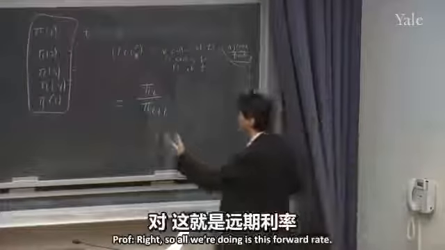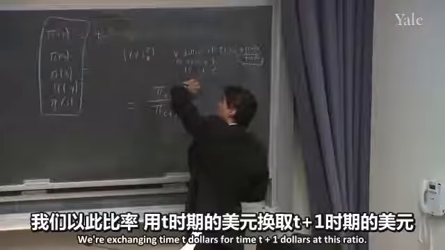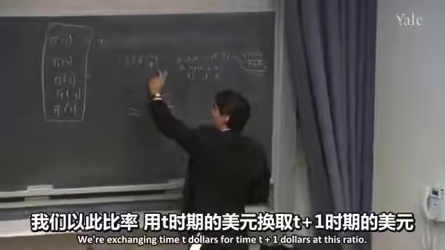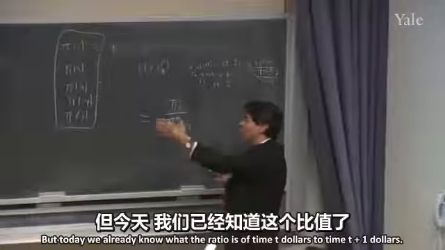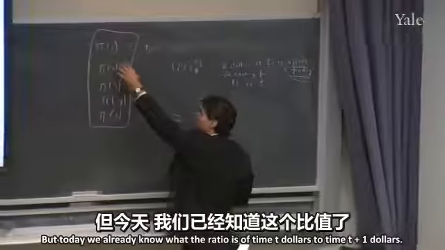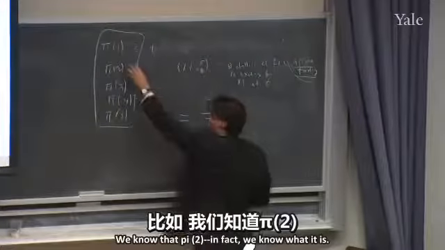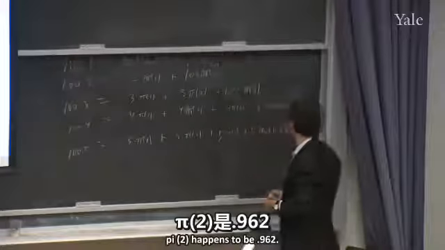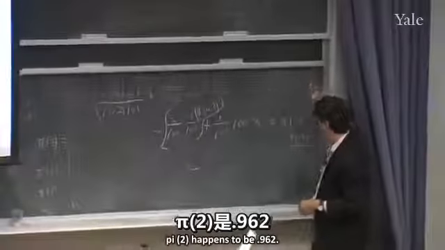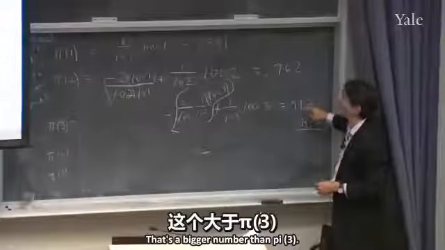Right. So all we're doing with this forward rate is exchanging time t dollars for time t plus 1 dollars at this ratio, but we're committing to do it today. And today we already know what the ratio is of time t dollars to time t plus 1 dollars. We know that pi 2 happens to be .962. That's a bigger number than pi 3.